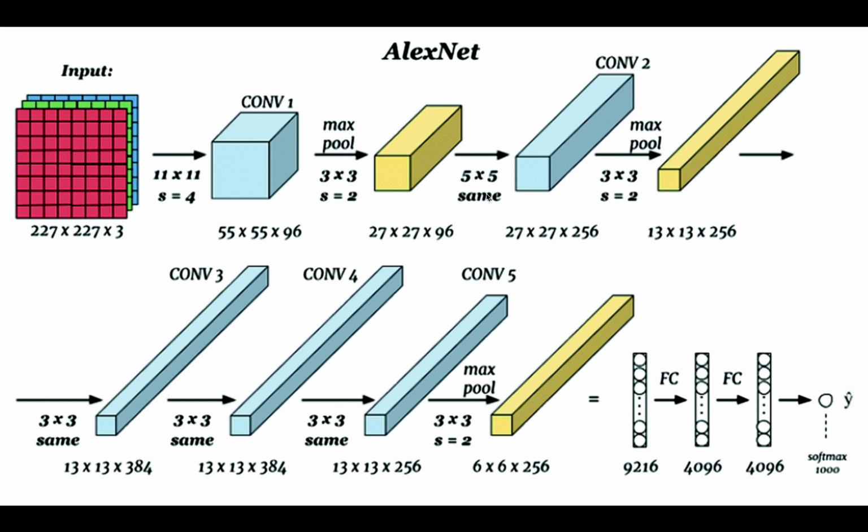Same means that if the input to this convolution layer is 27 by 27 with depth 96, and the padding is same, the output should be the same size, 27 by 27. But here they increase the number of filters, getting more filters, so the depth increases to 256.